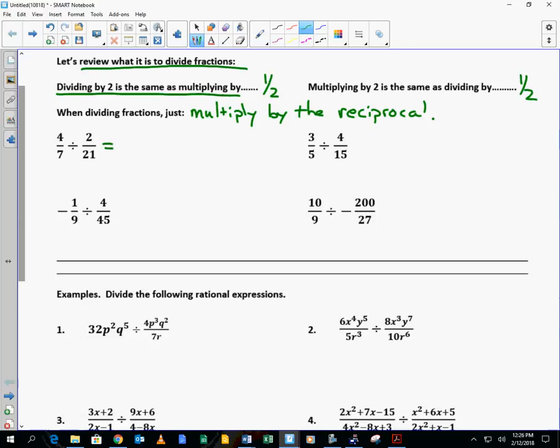So we're going to rewrite this as 4/7 times 21/2. And as you look at this, you recognize that 21/7 becomes 3/1, and 4/2 becomes 2/1, and we get 6.